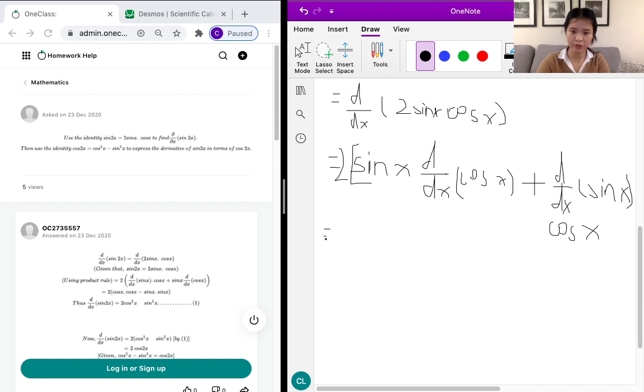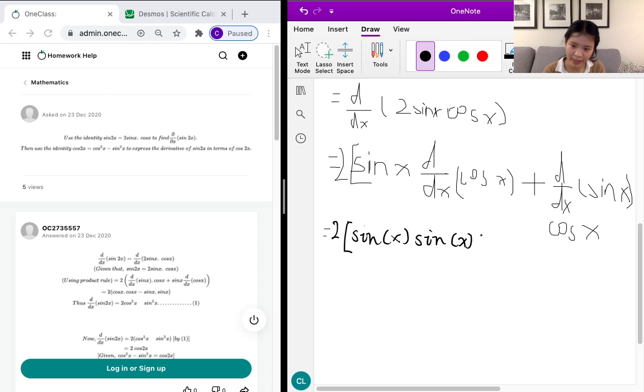Next, we just need to do our calculation over here. So we know that the derivative of cos x is equal to negative sin x. So right over here we have sin x multiplied by negative sin x. At the same time, we know the derivative of sin x is equal to cos x. So this would actually be an addition sign over here, and then we just put the cos x, drop the cos x term down here, because cos x just stays the same.